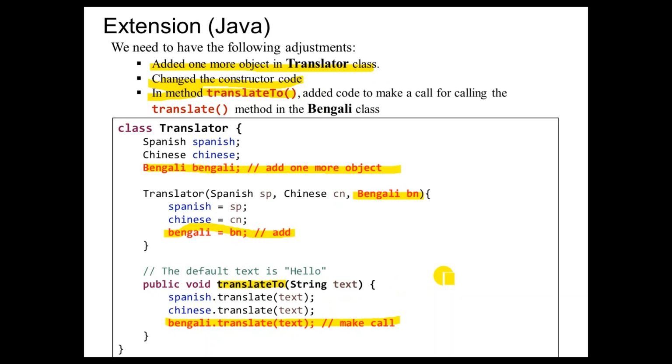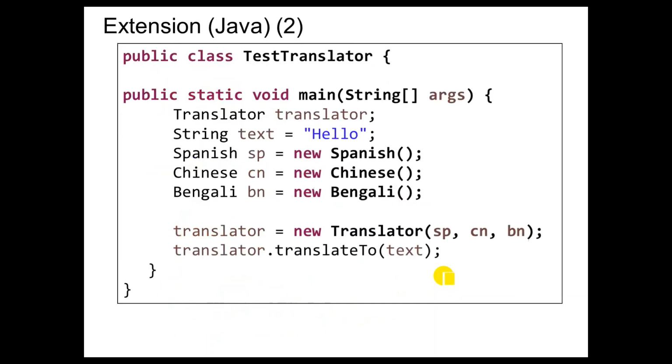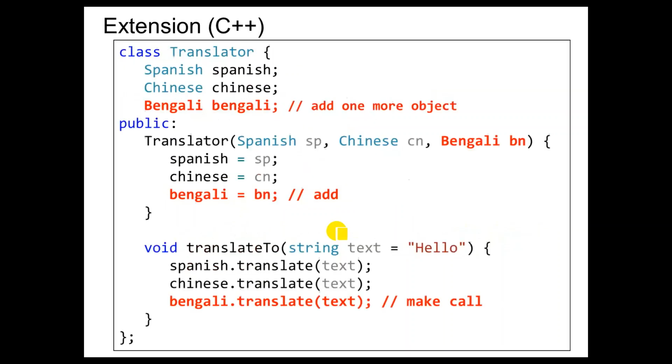Now we can look at the main method in Java. I have added one more object and the constructor has been modified, so the new call will be like this. Now you can look at the implementation in C++.